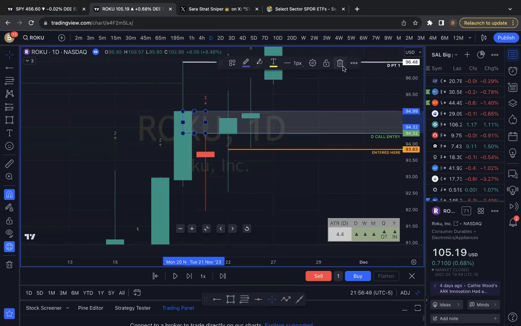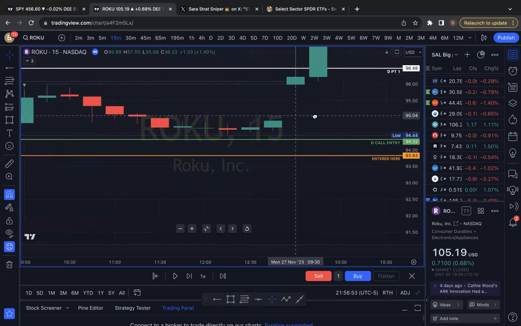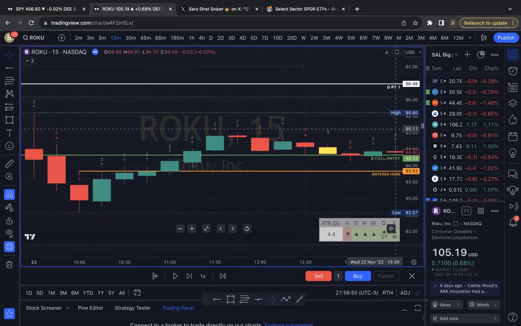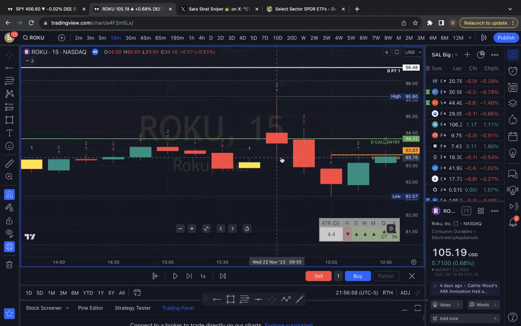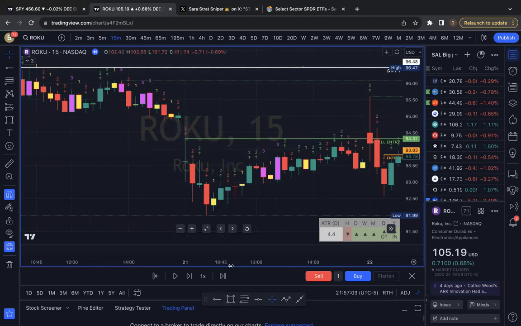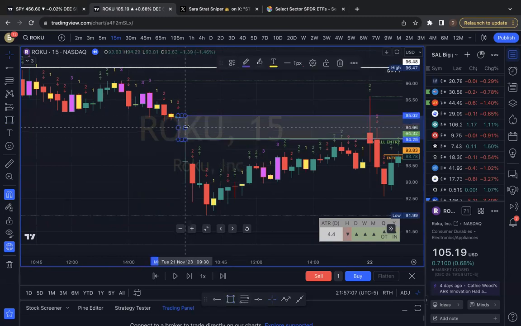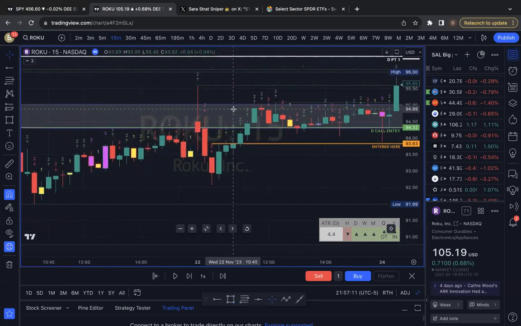The reason I put that is because when I drove down to the 15-minute, we had gapped up. Oh yeah, we had a gap right here on the 15-minute. I usually don't trade like that. I don't draw my gaps on the 15-minute unless we gap that day, but I just drew it there because I seen it.